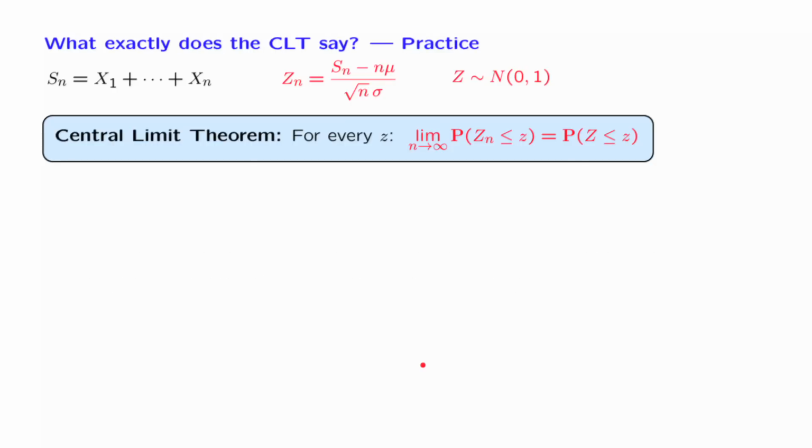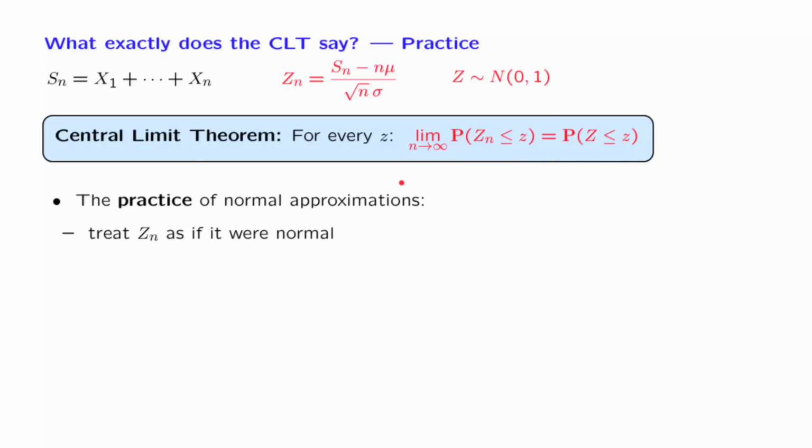And finally, there is the practical side. What exactly does it say and how do we use it? Since the CDF of Zn can be approximated by the CDF of a standard normal, this means that in practice we can treat the random variable Zn just as if it were a standard normal. But now we notice that Sn is obtained as a linear function of Zn.